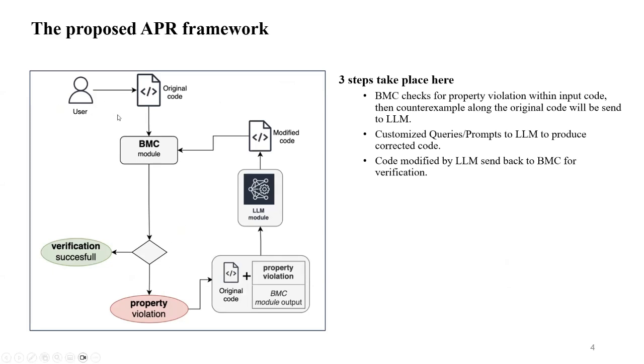Users enter source code into the BMC module. We'll see what BMC is in detail in the next section. The BMC module will check whether the program has some property violation. In the program verification research area, a program is checked based on specified properties. The developers specify a set of properties. A particular software developed by anyone is expected to have some properties: property 1, 2, 3, 4, 5.